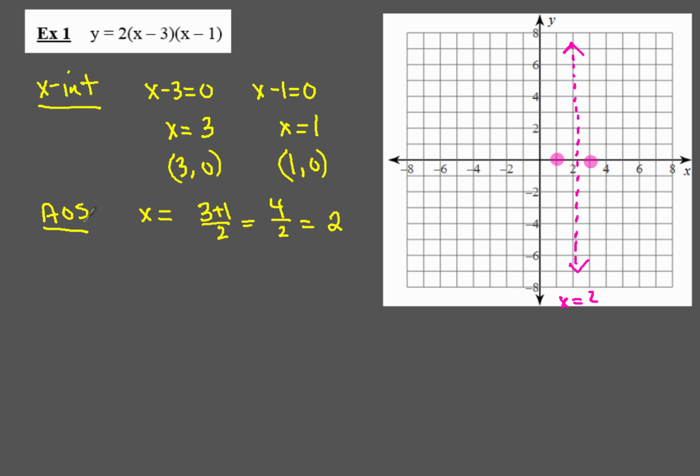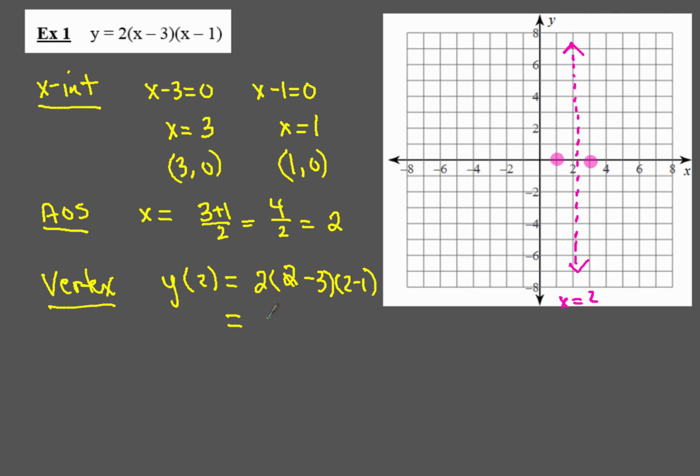Now that I know my axis of symmetry is 2, I've got to take that number, 2, and plug it into my equation anywhere there's an x. That'll give me the y-coordinate for my vertex. So to find the vertex, we're just going to plug that AOS value, x equals 2, in for x. So y of 2 is going to be 2 times the quantity 2 minus 3, and then 2 minus 1.